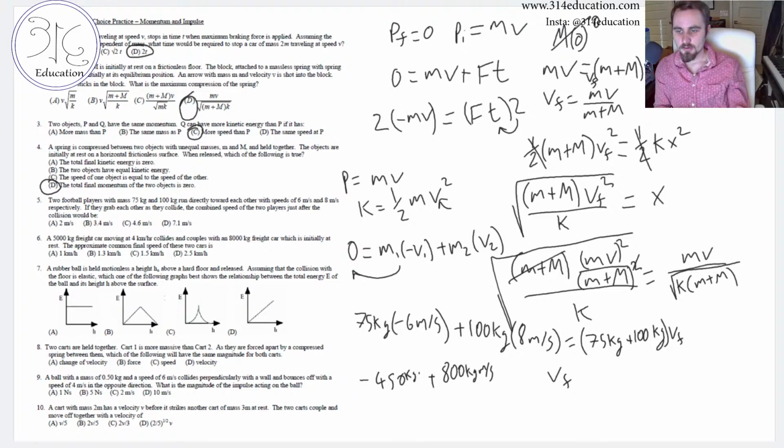That is also in kilograms meters per second. I'm probably not going to write that out every time, just because that's going to get a little tedious, but that's okay. And then to get VF on its own, we have to divide by this total mass. And so that's then going to be divided by 175 kilograms, which is the sum of 100 plus 75.